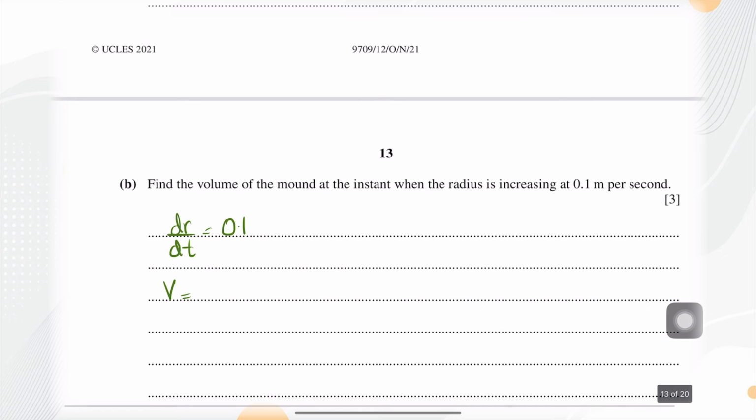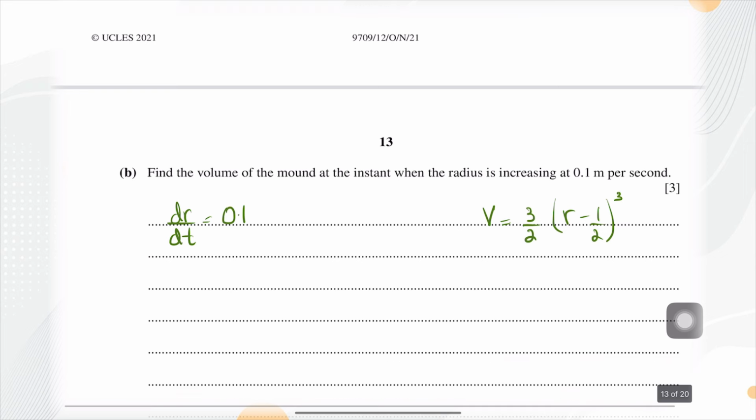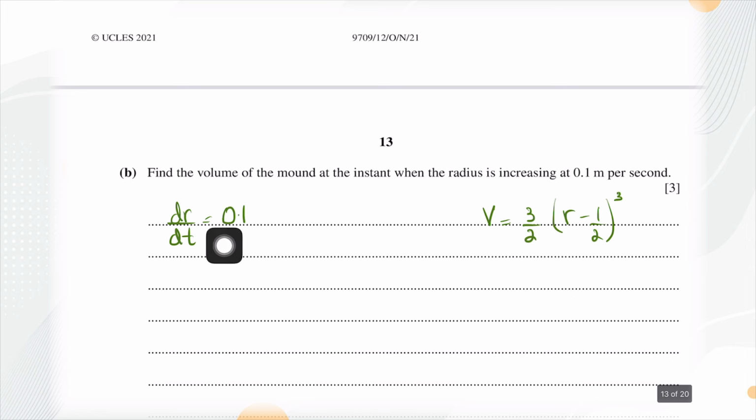So let's write down the formula. 3 upon 2 into (r minus 1 upon 2) cubed. Let's put this on the side for now. Now the question is, how will I find out the value of r if I'm given dr upon dt? Question for you guys. Anyone?